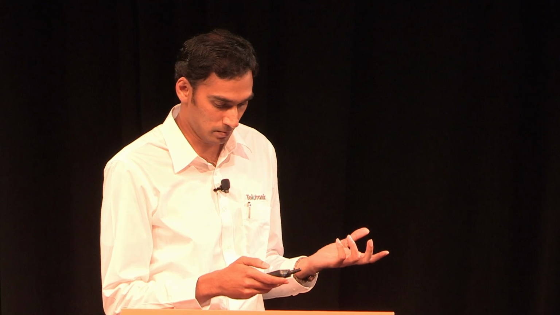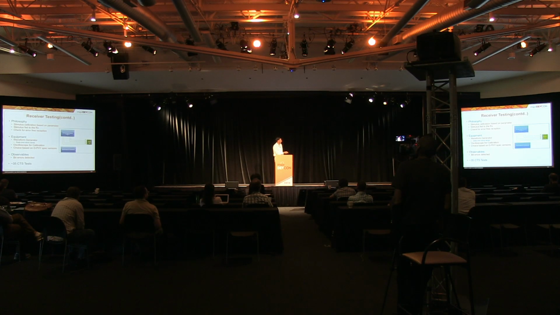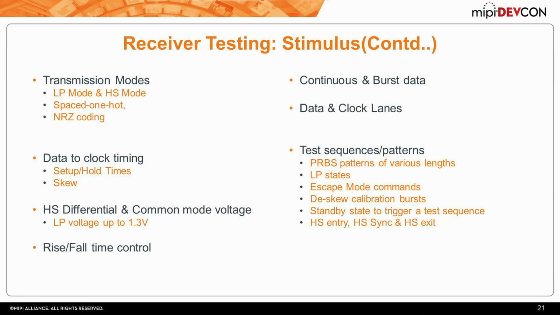The capability of the waveform generator should be to allow you to do all that to test the receiver. So I've tried to summarize in 2 slides all the various kinds of stimuli you would need to test the D-PHY receiver.